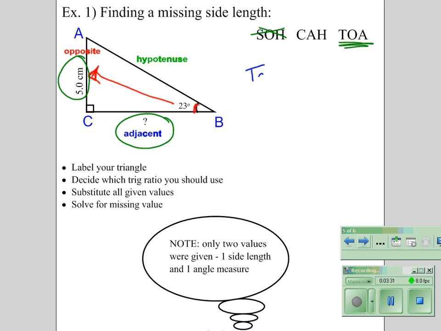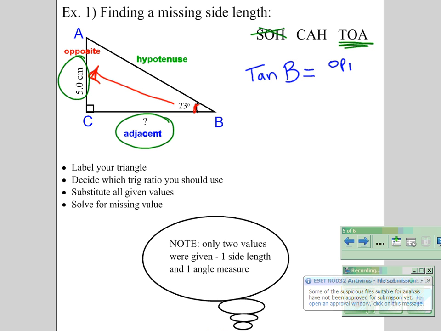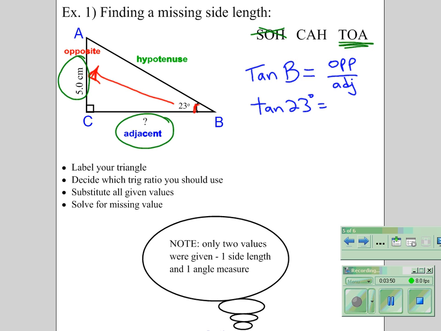We write out the statement for tan of an angle, in this case it's angle B, tan of angle B equals the opposite over the adjacent side. Okay, B can be replaced with 23 degrees, so tan 23. The opposite can be replaced with the number 5. And the adjacent is our variable.